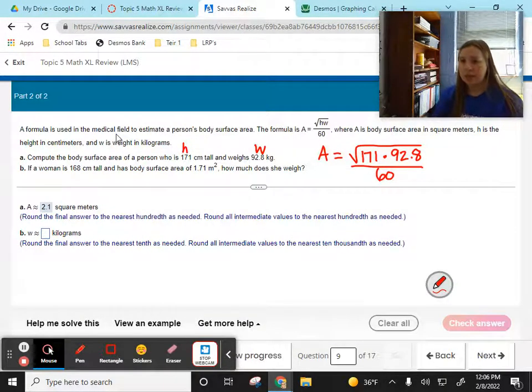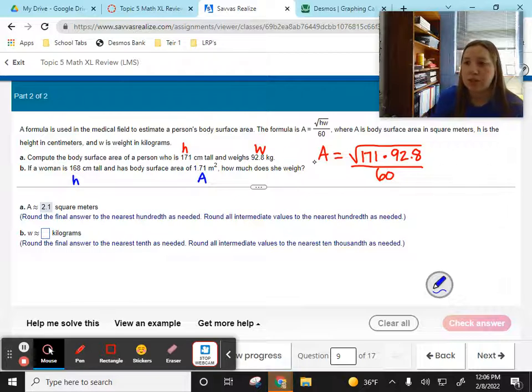All right, so the second question, we're given if the woman is 168 centimeters tall, that's the height, and has a surface area of 1.71, that's A, how much does she weigh?